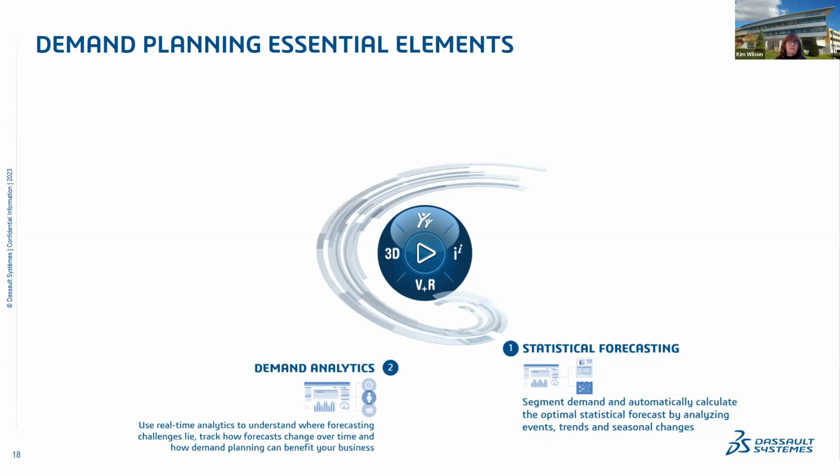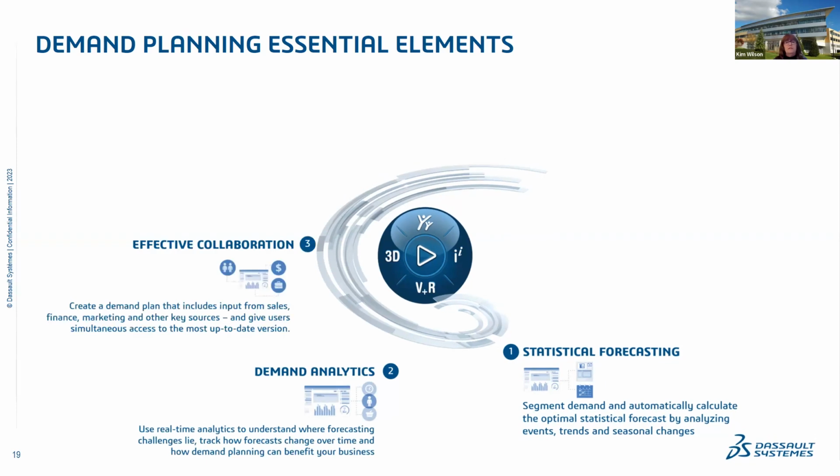And then we're going to look at real-time analytics to understand where forecasting challenges exist. We're going to track how forecasts change over time and how demand planning can benefit, or be a benefit, I should say.